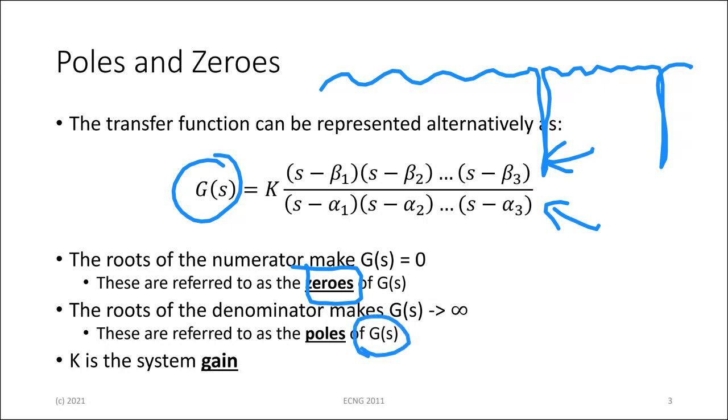When the value of s approaches any alpha, then g of s wants to go to infinity. Now think about it. If you have an electronic system operating like an amplifier, an audio amplifier, somewhere inside, certain signals or inputs you put into the amplifier are going to cause it to assume one of those alpha values.